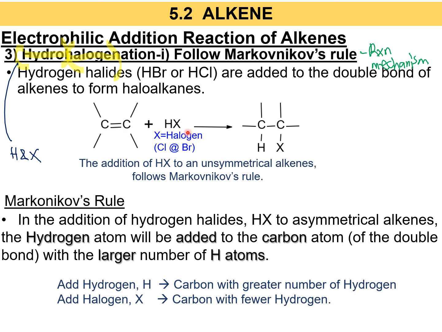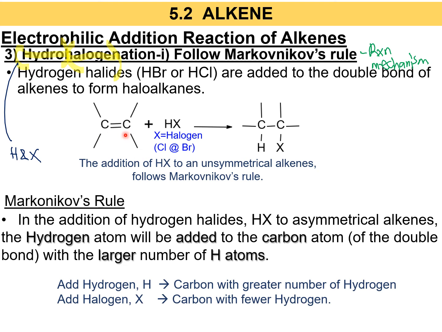And the reagent yang digunakan adalah HX. X tu adalah halogen sama ada Cl ataupun Br. So basically kalau alkene, dia react dengan HBr ataupun HCl. Basically dia akan buat hydrohalogenation. Therefore you will add hydrogen dan halogen dekat this carbon-carbon double bond.